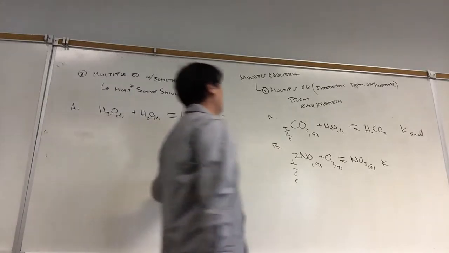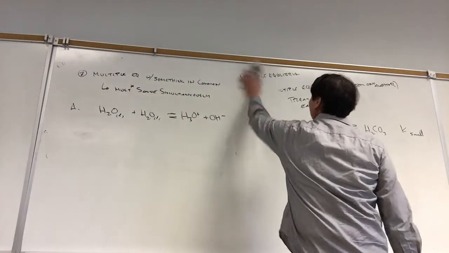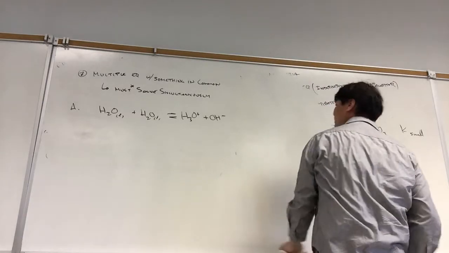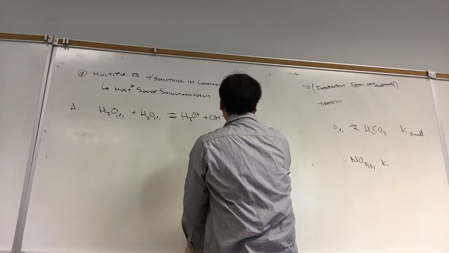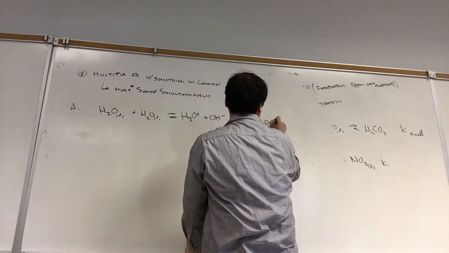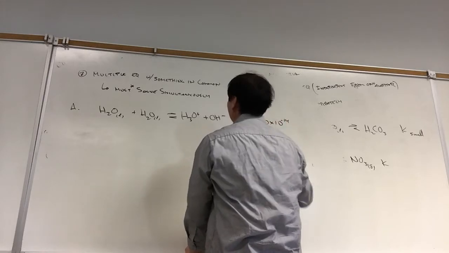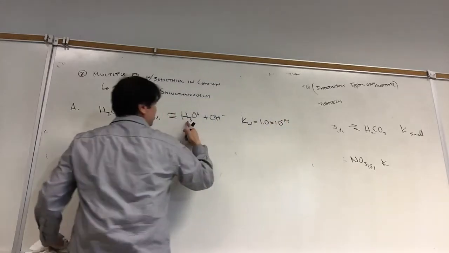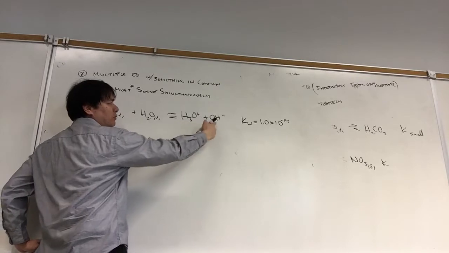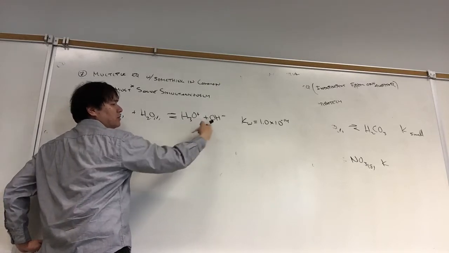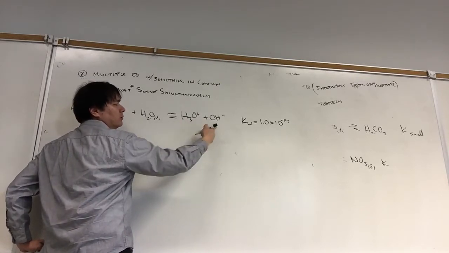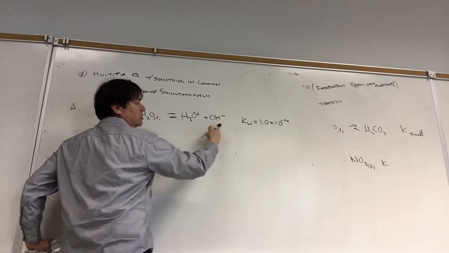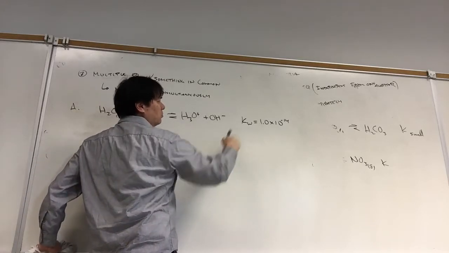This equilibria has a K value. Everybody should memorize the K value for this. Does anybody know? Well, each one of these is 1.0 times 10 to the negative 7. So what we call the ion product, with the concentrations, the product is 1.0 times 10 to the negative 14.